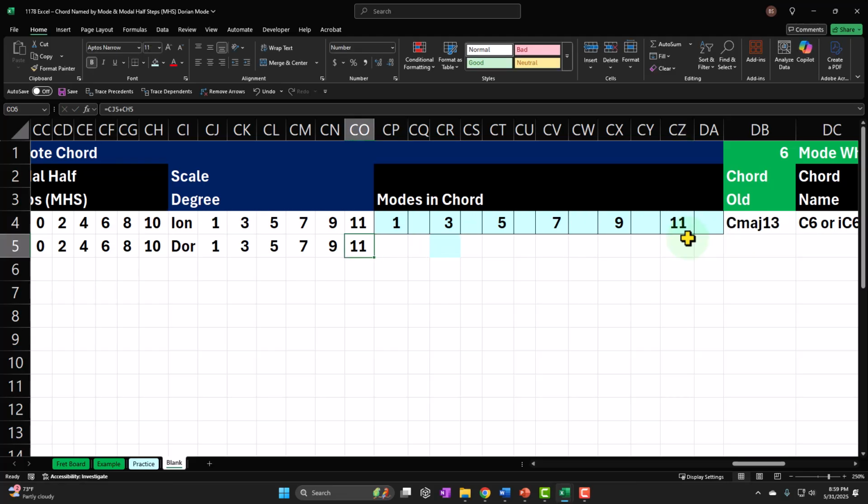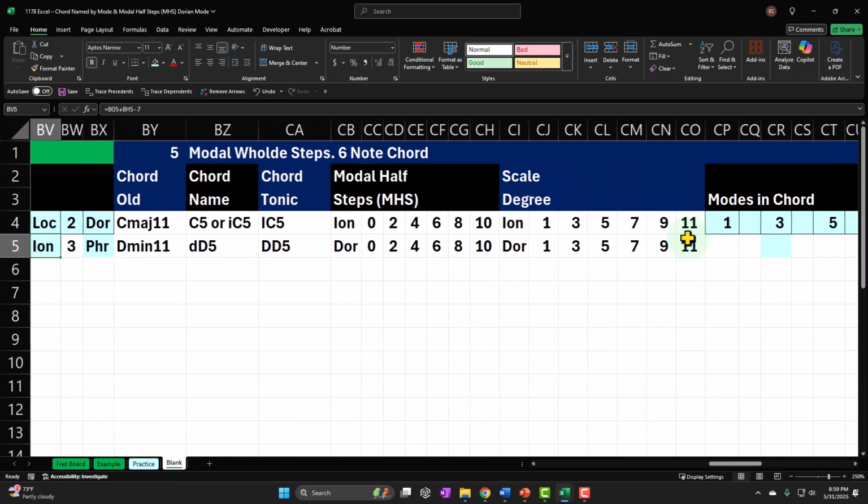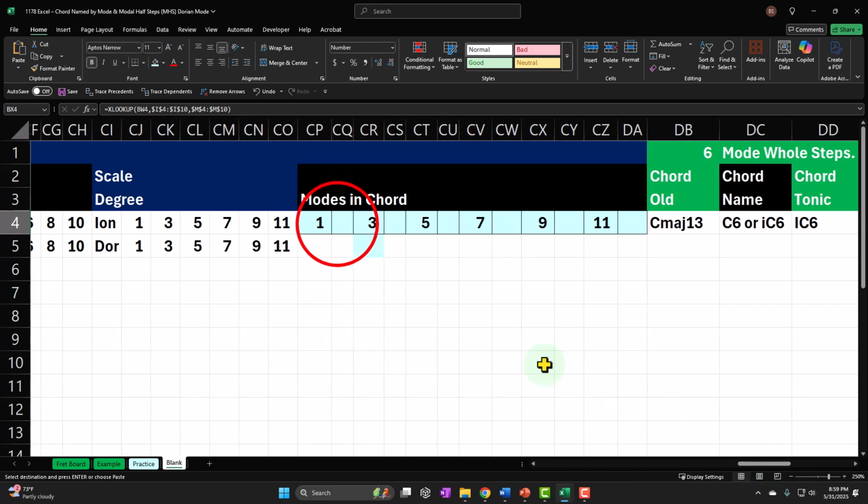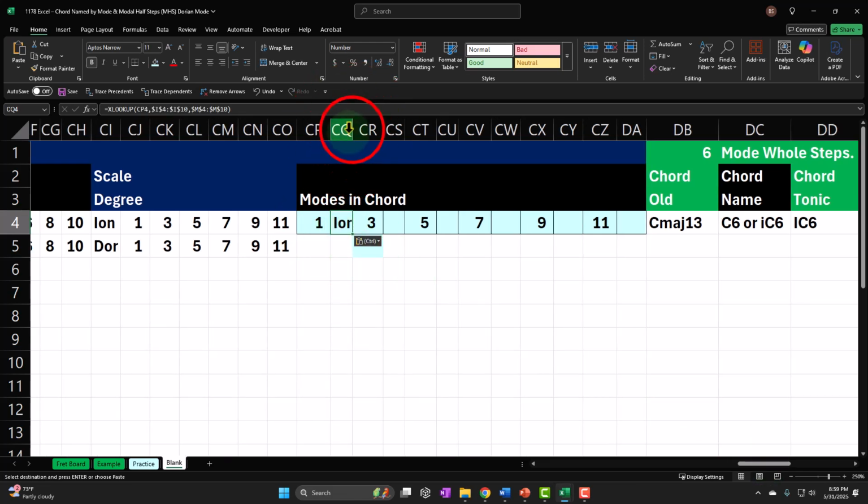All right, okay, so let's copy that, and then I can copy this formula and paste it here. So that would be the Ionian.